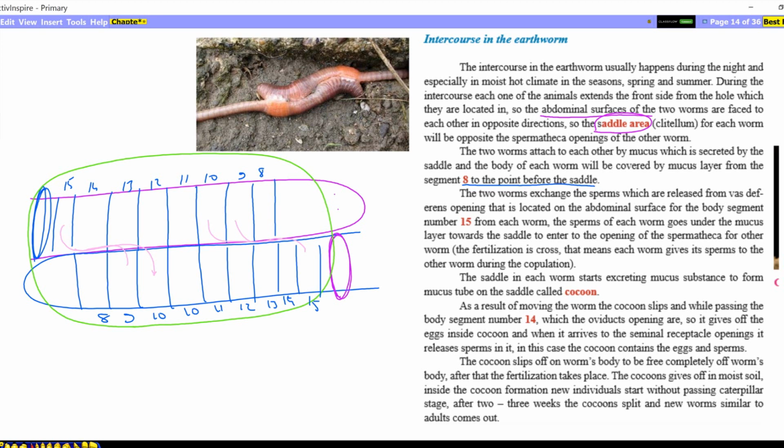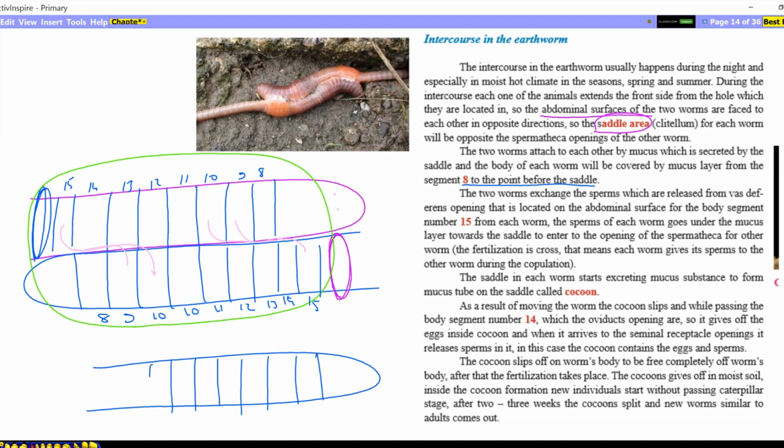The saddle area in each worm, then each of the worms separated, like we draw one, for example, one of these worms. Again, we draw simply the body segments, segment 8, 9, 10, 11, 12, 13, 14, and 15.